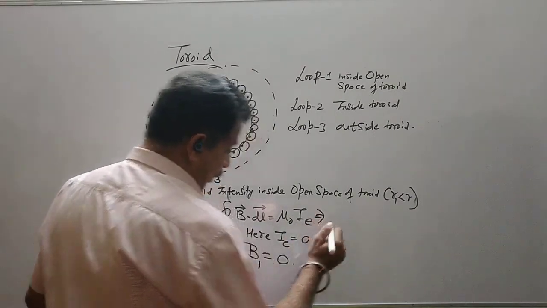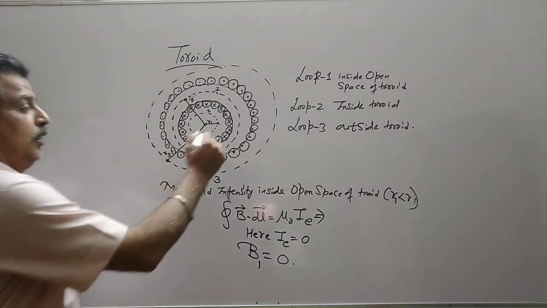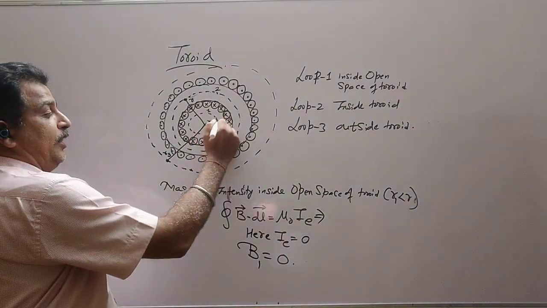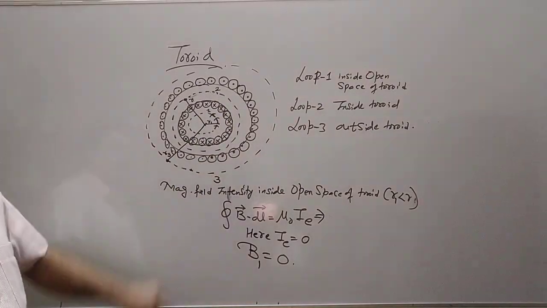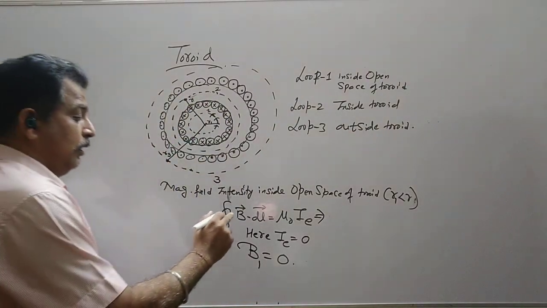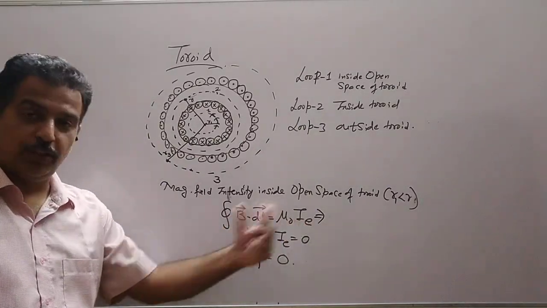Now if I have to use the equation, this complete equation, I divide this into different elements. This was the way we divide the element into dl. There is no magnetic field because you will get zero current.